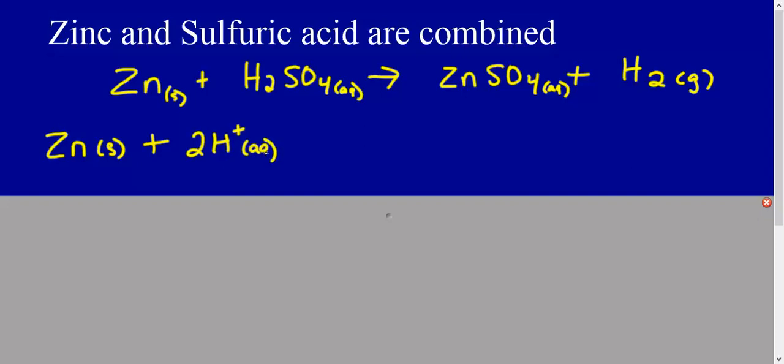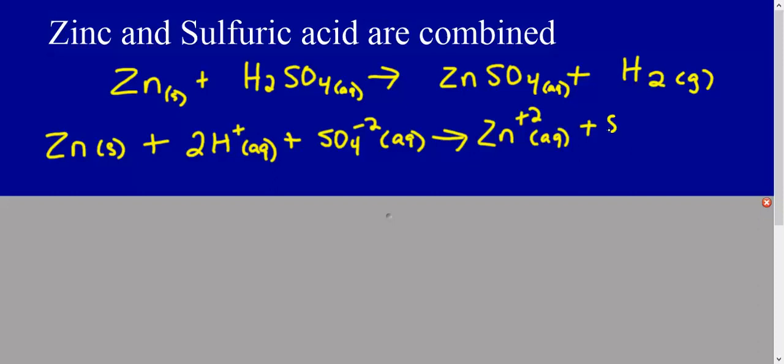Only 1 sulfate. It has a -2 charge, and it's aq. Zinc +2 aq, and sulfate -2 aq. Leave the gas intact with no charge.